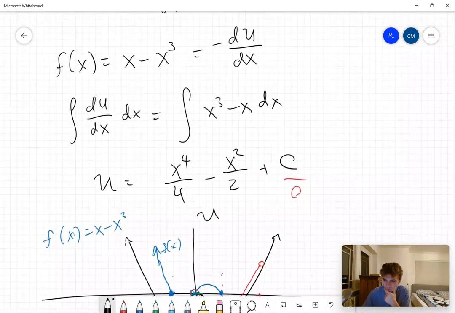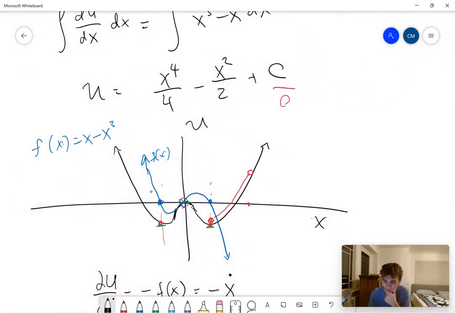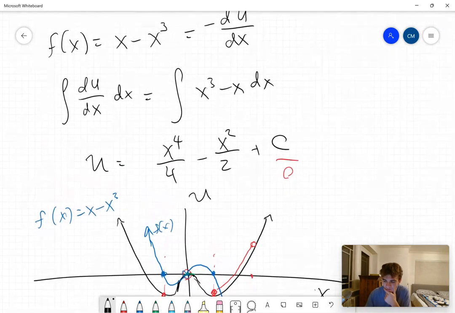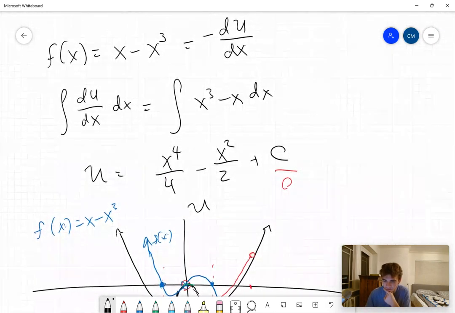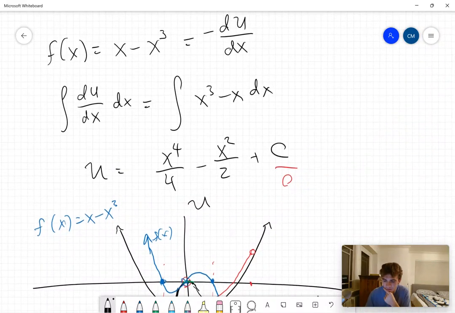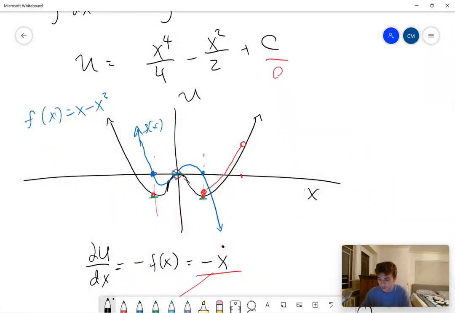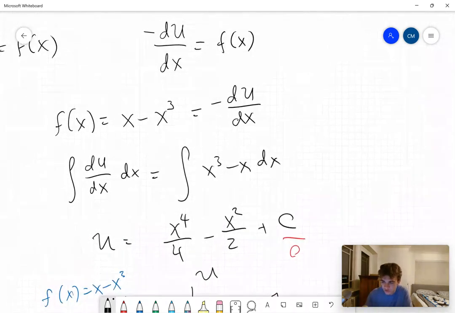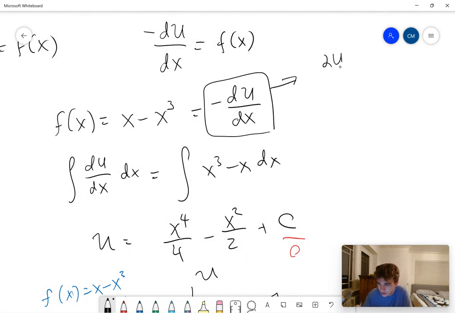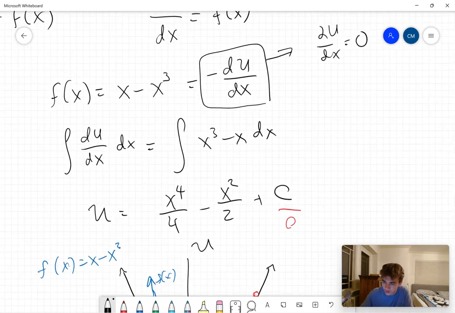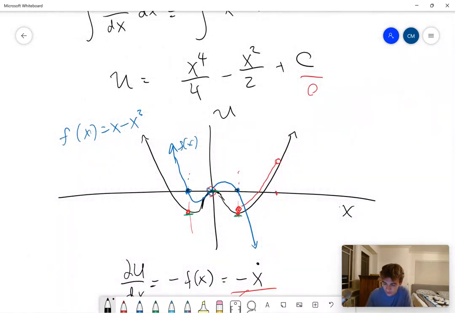So when f of x goes to 0, we have critical points of the function, and notice that this corresponds also to critical points in u, because it's going to occur precisely when du/dx is equal to 0. And so therefore the fixed points will occur at the maxima and minima of the potential.